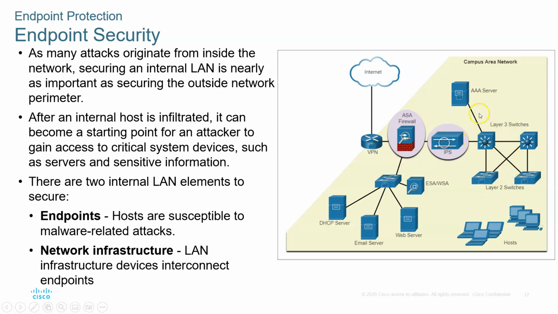You may have to go through a AAA server to authenticate you, to validate your name and your password, and then authorize you, and then the firewall will allow you in and you may do your work.